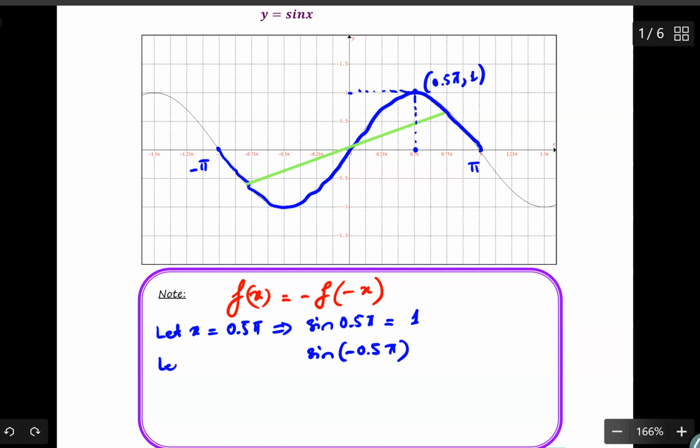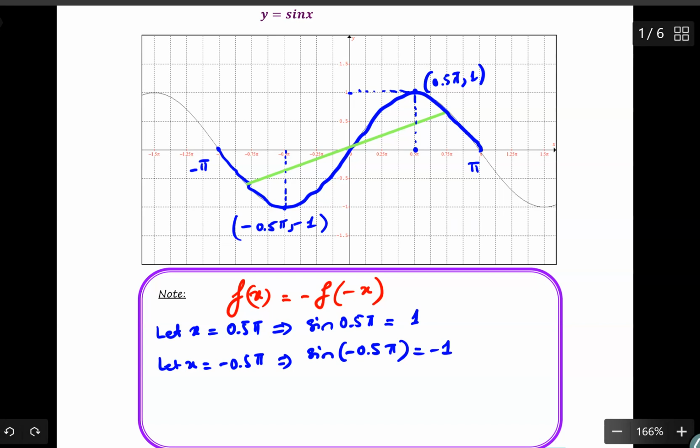So now let x equal negative 0.5 pi. What do I get? We go on the graph and project it to here. This point I should write as negative 0.5 pi and negative 1. So in this case, I should have negative 1.